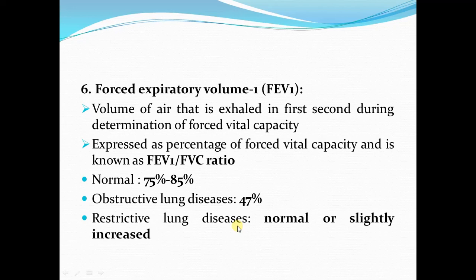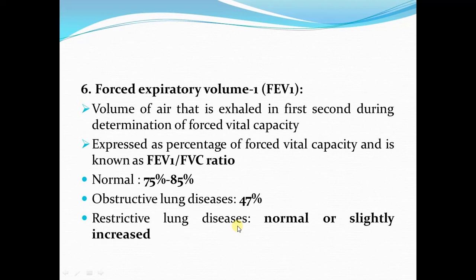But in case of obstructive lung diseases, there is more reduction in FEV1 as compared to FVC. As we just discussed in the previous slide, FVC might be normal or slightly decreased in obstructive lung diseases. So the reduction in FEV1 and FVC is not proportionate. There is more decrease in FEV1 as compared to FVC.